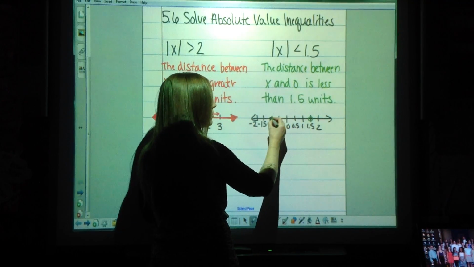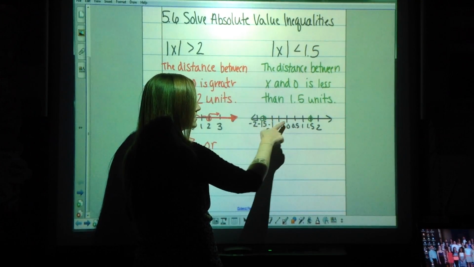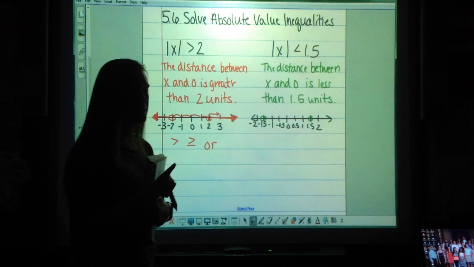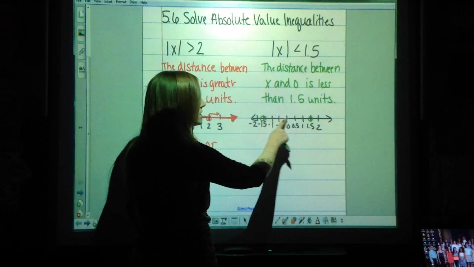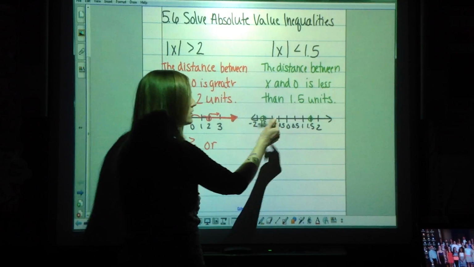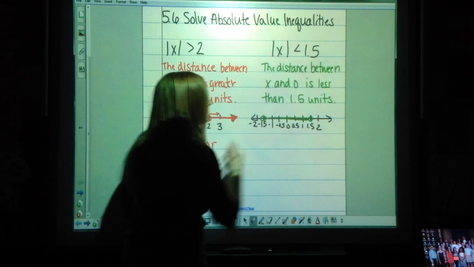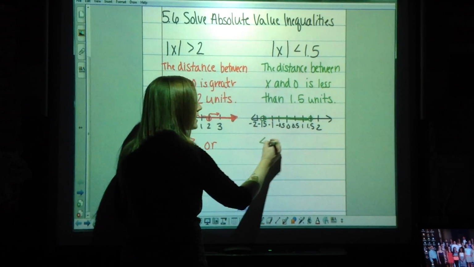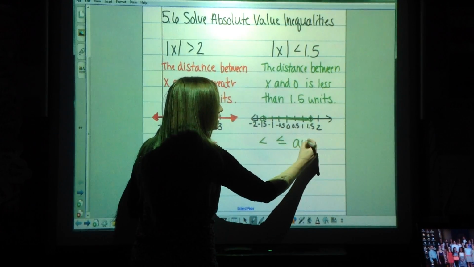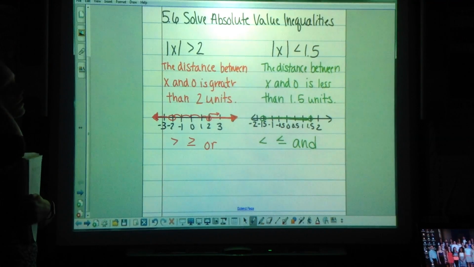Again, you can go 1.5 units the other way. Think of it this way. The distance between these two numbers is less than 1.5, so it can't be shaded over here. So I'm going to be shaded between. If you have a less than or less than or equal to, it's going to be an and, always.